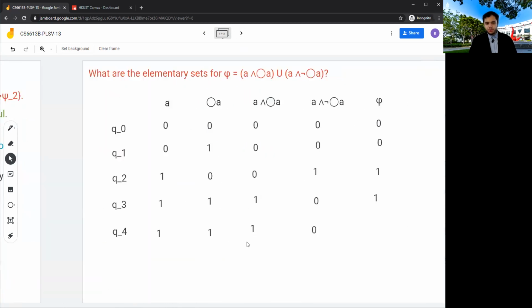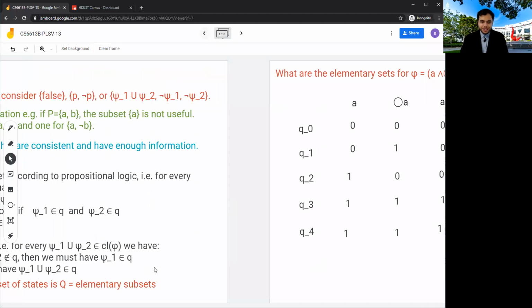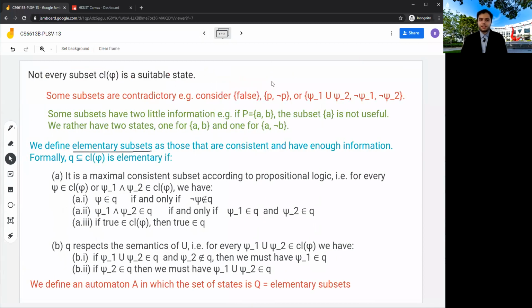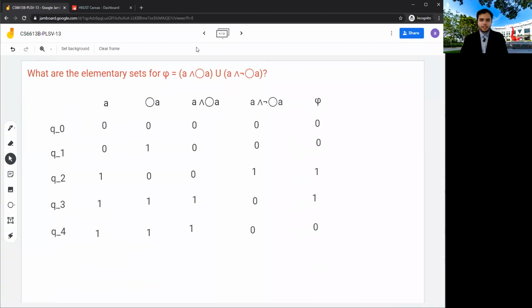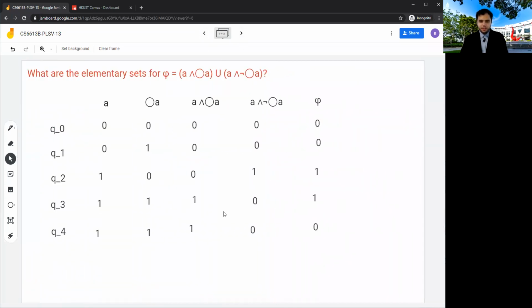But here psi2 is not in, so I can just decide not to put phi in as well. So as you see, the rules actually give us some choices sometimes. So any subset that satisfies these rules is fine. And these two subsets both satisfy.